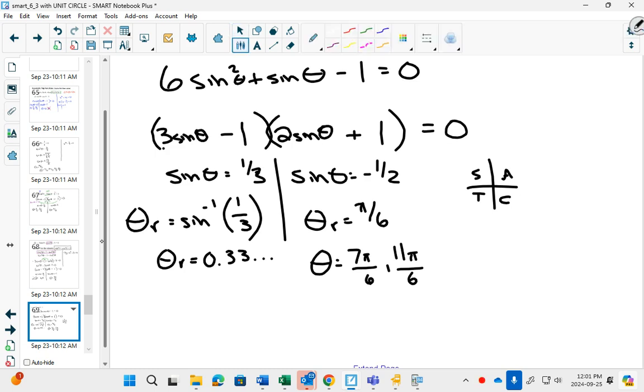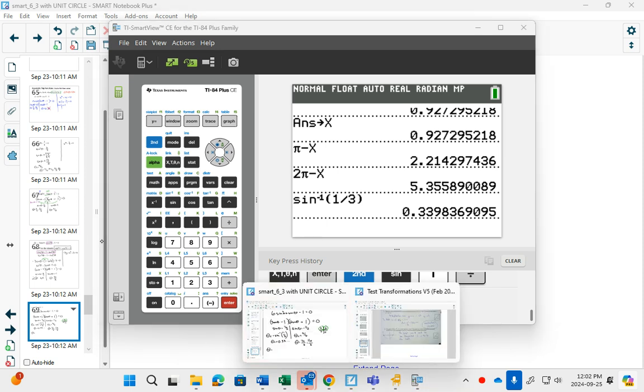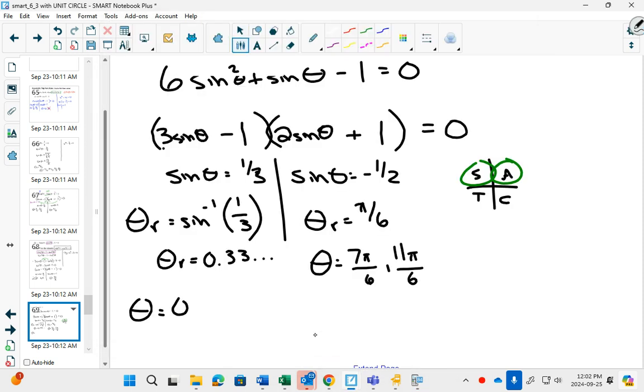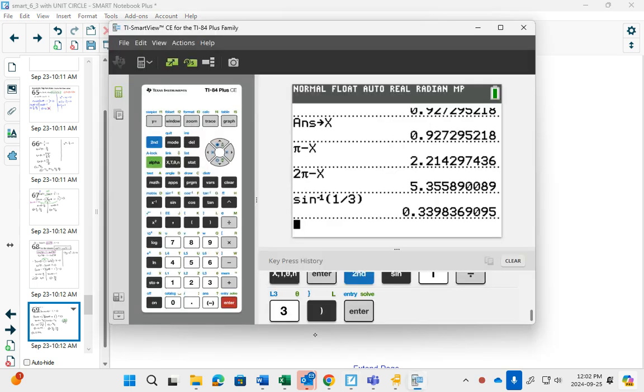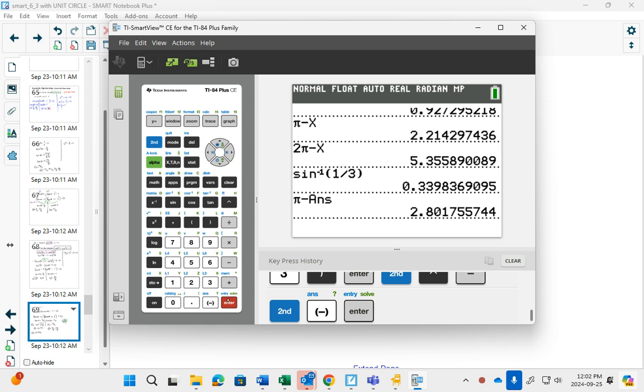I would then say, since it's positive, it's in quadrant 1 or quadrant 2. If the question doesn't say what to round to, you go to 3 decimal places. So we would have 0.340, and in quadrant 2, I would go pi minus my reference angle, 2.802.